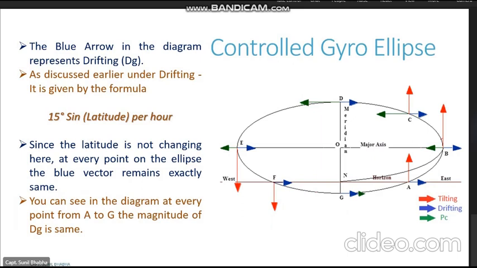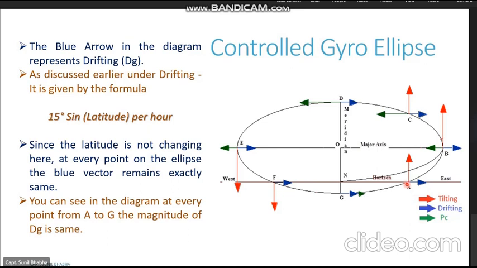Now the approach which we are going to follow is there are three forces which are at play here. Tilting represented by the red arrow, drifting represented by the blue arrow, and the control precession represented by the green arrow. First of all, we will try to check whether these forces are applied correctly or not.